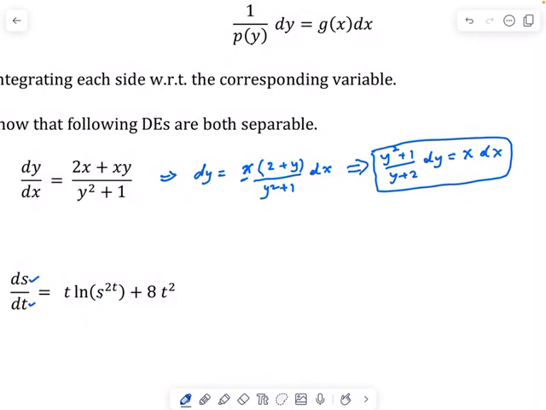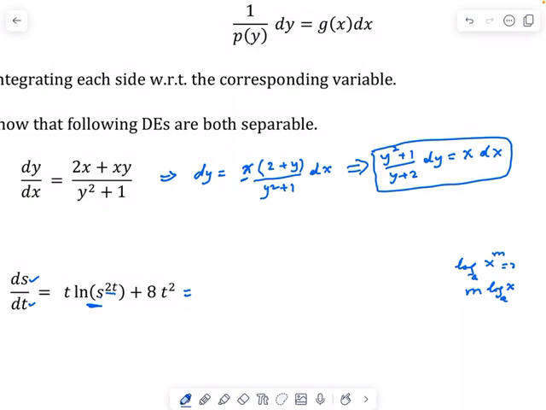At first sight, this doesn't look separable, but if you recall a property of the logarithm: if you have a log to any base a of x, but x is raised to some power m, then the power can be put outside the log. So it is equal to m times log of x base a. The power comes in front. We can do that to this power.